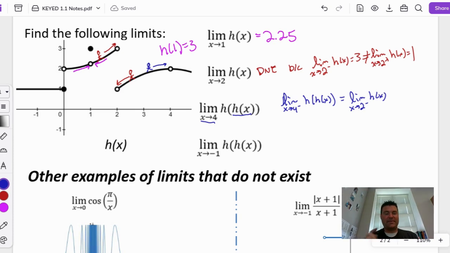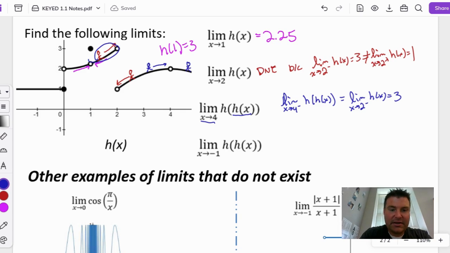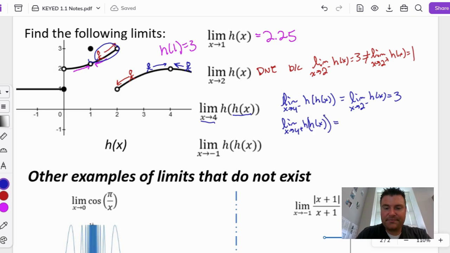And now since we're on this path, we're going back to the red guy right over here. I will circle that. That path right there is approaching 3. Now, as your sibling is going through that same path, that's the limit as x approaches 4 from the right of h of h of x.